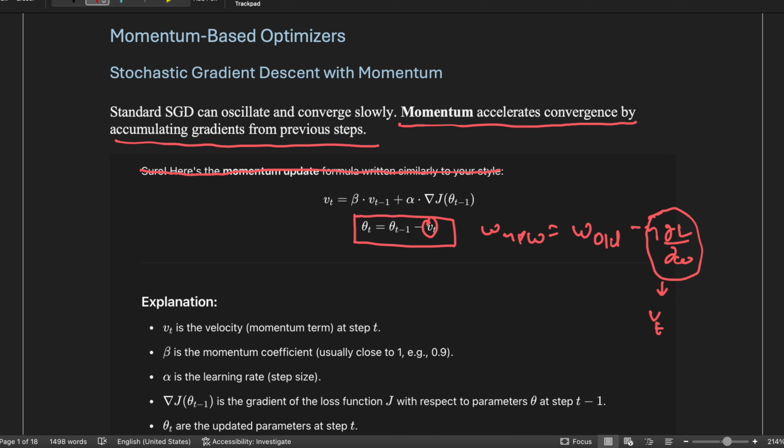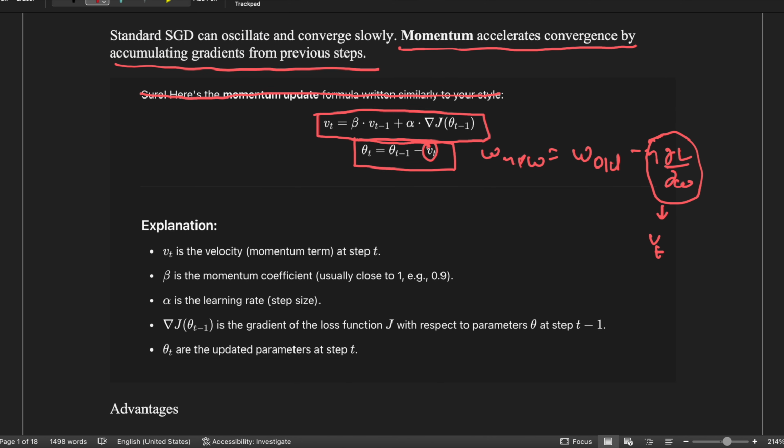So what is VT? The formula of VT is equal to beta VT minus one plus alpha times the gradient of the loss with respect to the parameters. J is basically L, and I hope you won't struggle with the notation. Suppose we consider this as W and this as the learning rate.